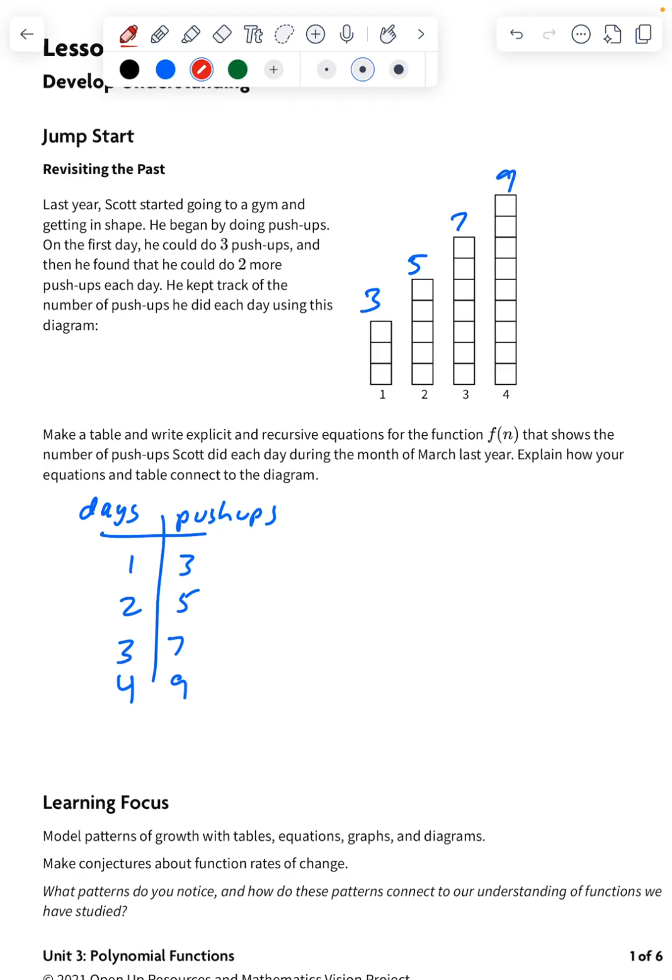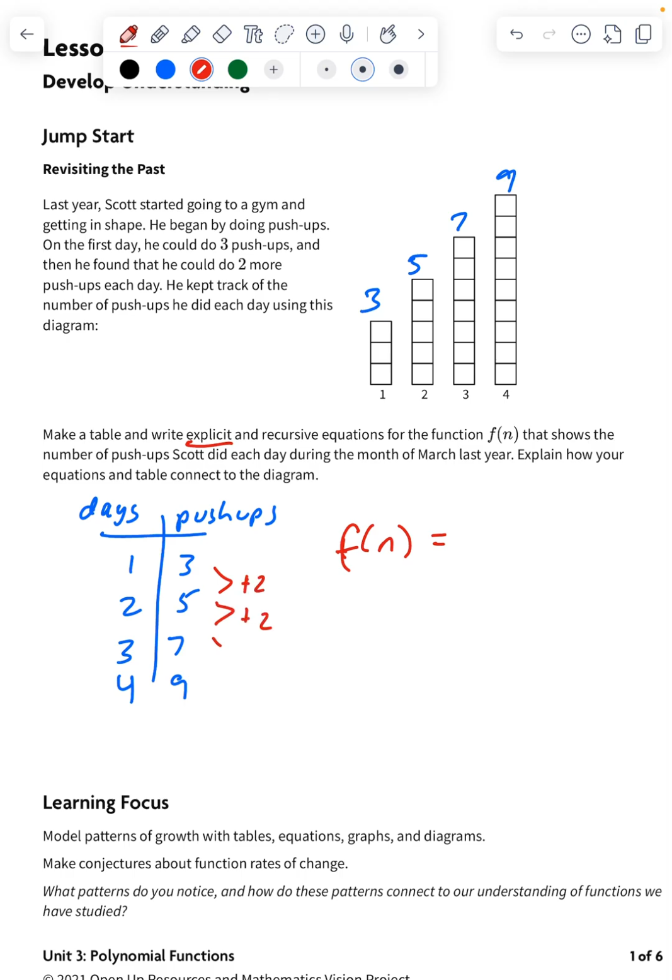Something to note then: the explicit equation is much more important to math as we continue to get more and more complicated. So for the explicit equation here, I know that the function of n, or we could write this as y equals, or f of x equals, but they did f of n, where n is the number of days. I can see here that we're going up by 2 each day.